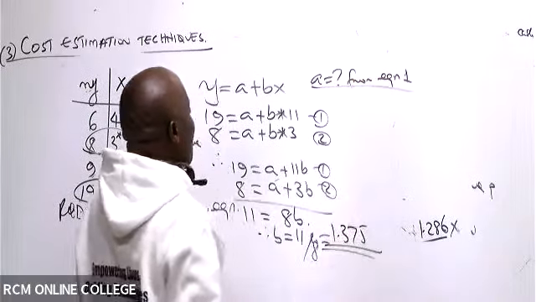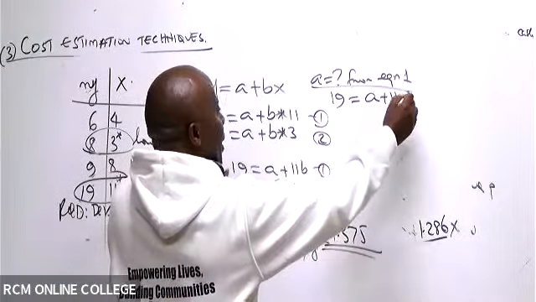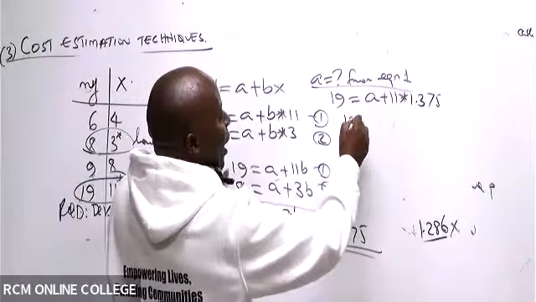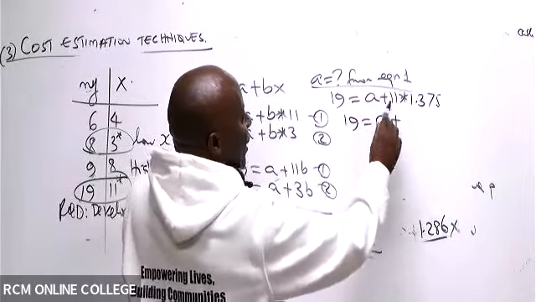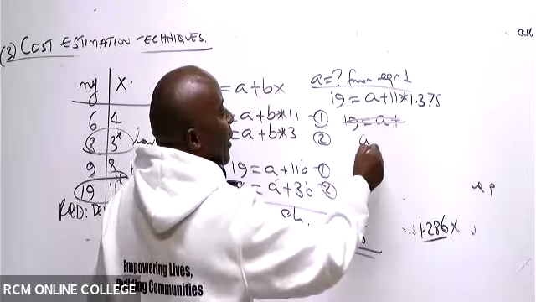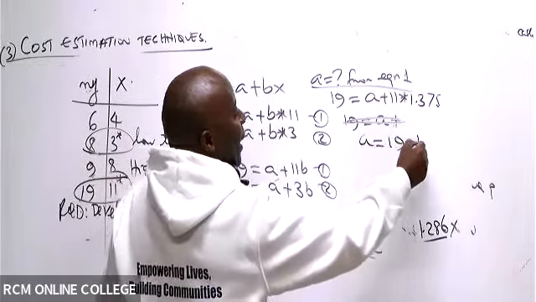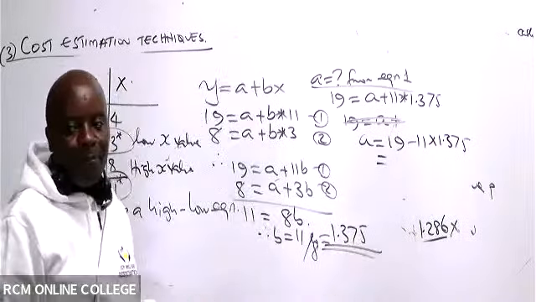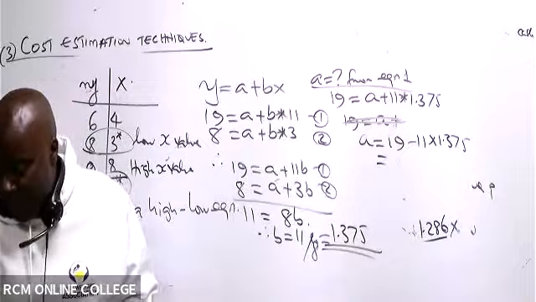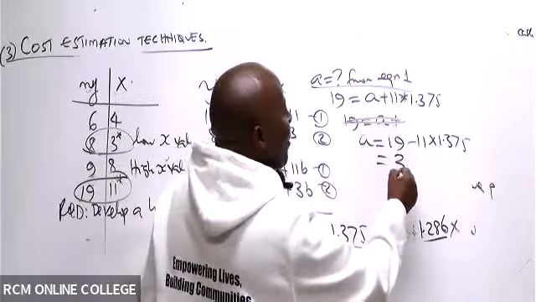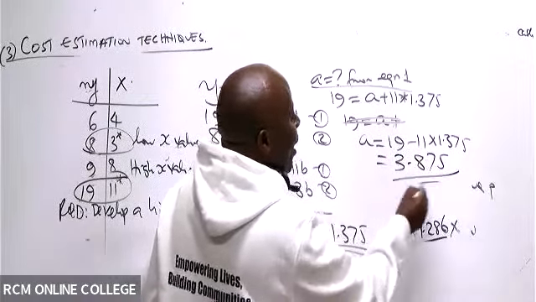From equation 1, we have 19 equals a plus 11b. Make a the subject: 19 minus 11 times 1.375, which ends up giving us what figure? 3.875.